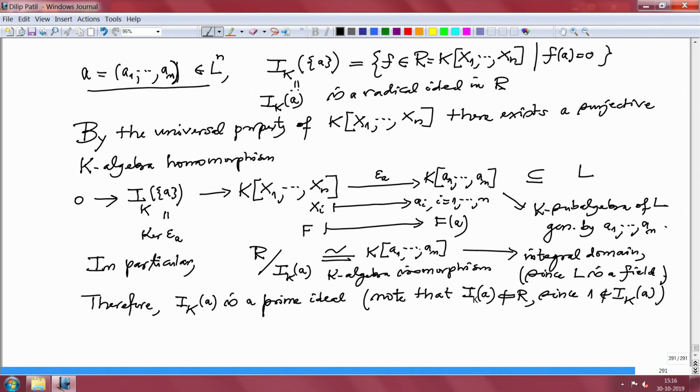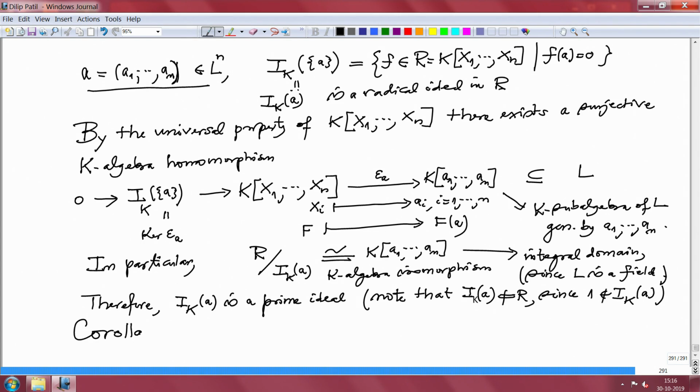Because if 1 is in I_K, then it will be in the kernel, but the map sends 1 to 1, so it is not in the kernel. So this is a prime ideal, and note that this may not be maximal in general, and we will see soon when it is maximal. Alright, so what is corollary 3? That is precisely when it is maximal.